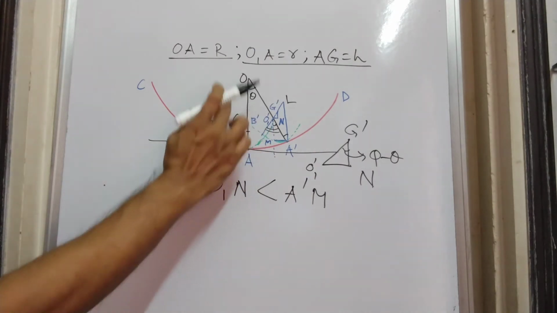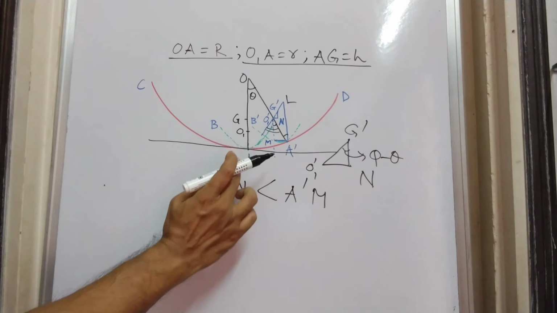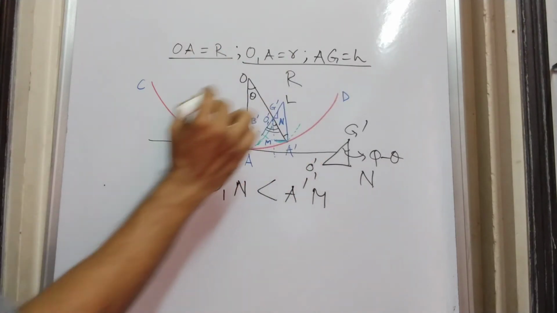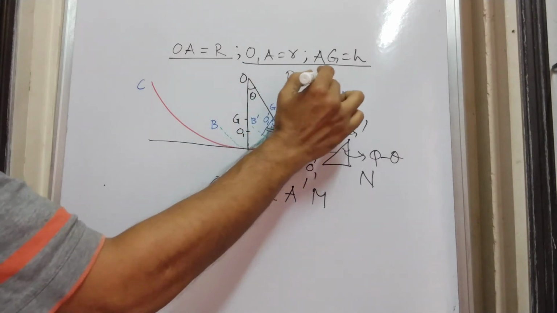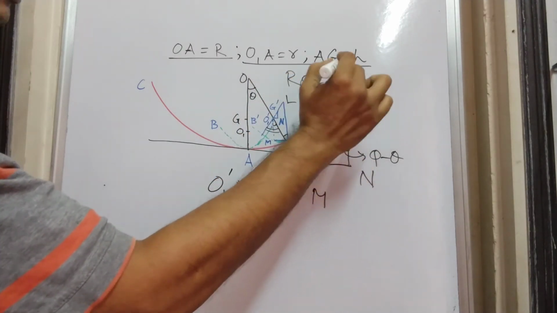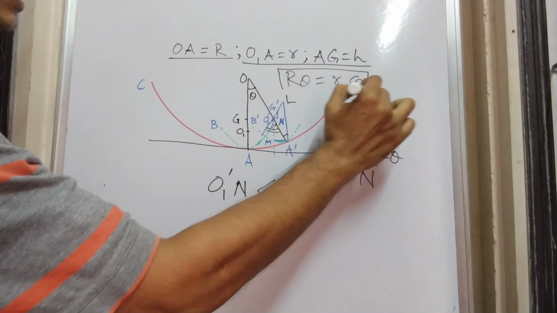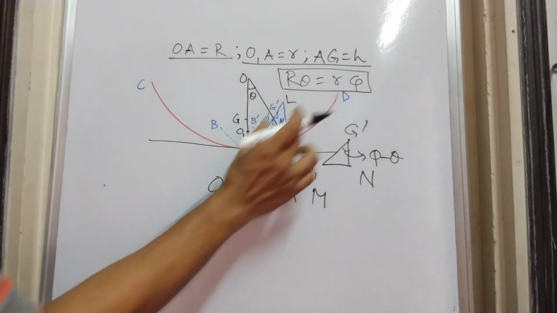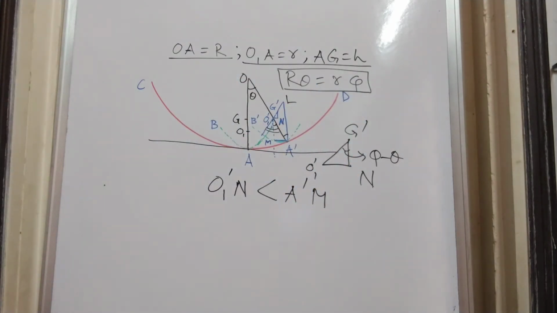The smaller circle radius rotates, and we know that the larger radius rotates a small angle and the smaller radius rotates a large angle, so that the arc length remains the same. Isn't it so? R theta is the arc length and small r phi is also the arc length through which the body is rotated or shifted. So they should be equal.